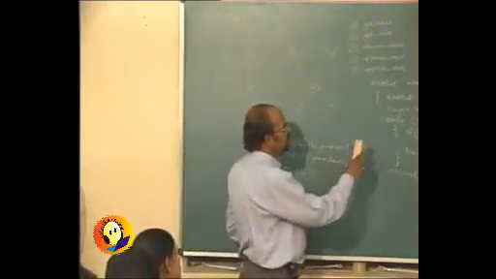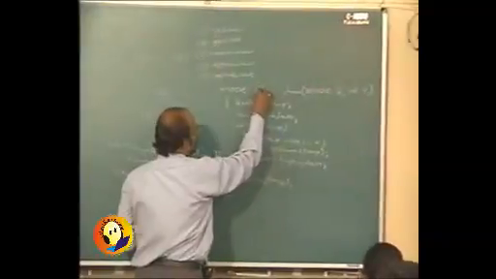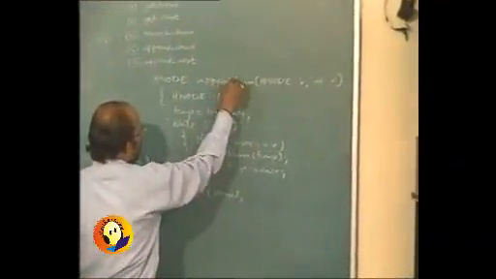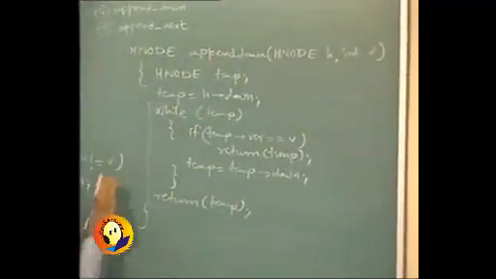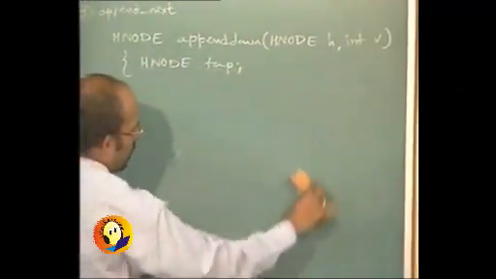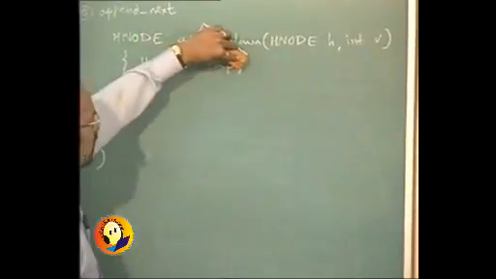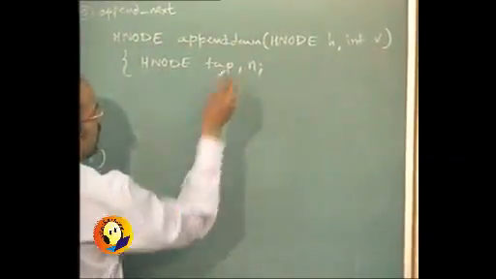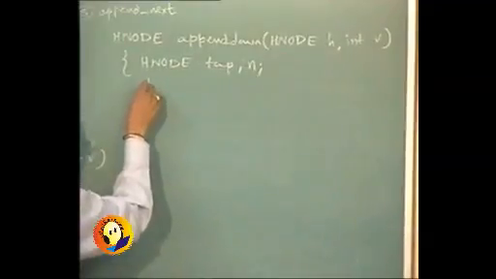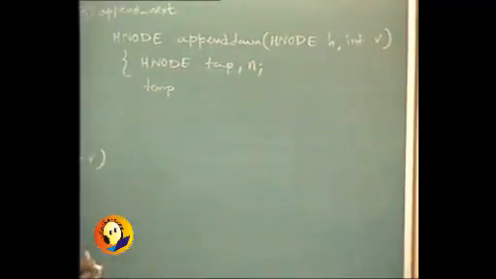Now the next function will be append down. Append the down list by V. I will have to generate a node in this case, and I will have to reach that node whose down is null, because after that I will be adding the node.